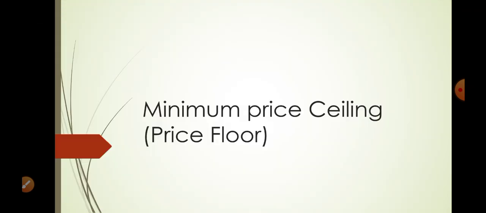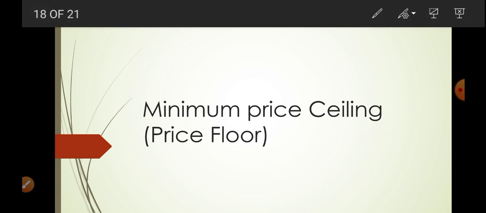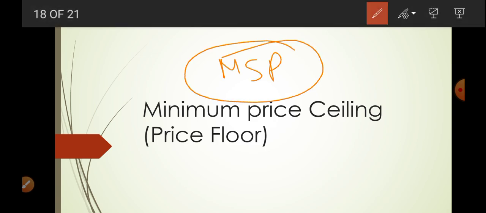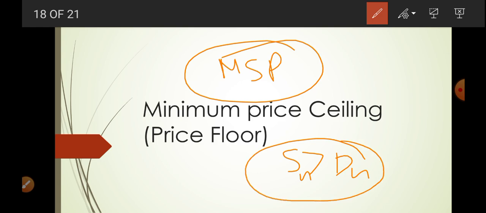Now the next intervention tool is minimum price ceiling या price floor. It is also known as MSP, minimum support price. Okay, when supply is too high compared to demand, in this case the price is going to be decided very low.